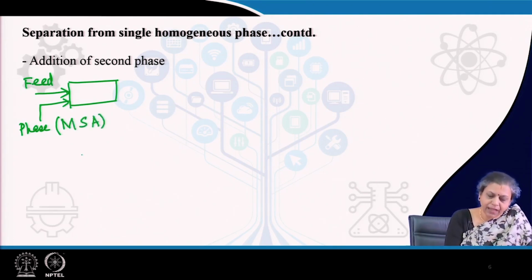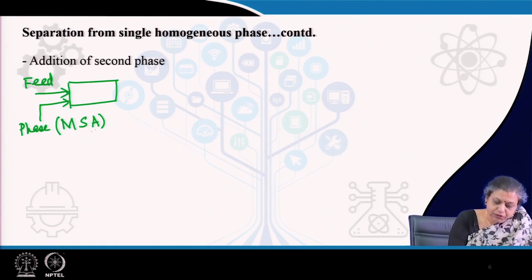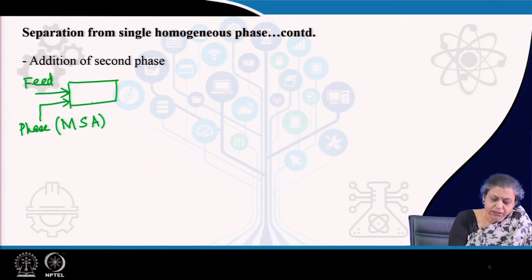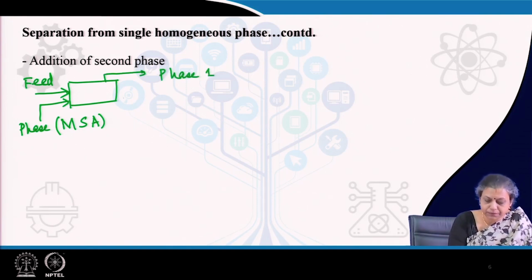We add it, and then what happens? This mass separating agent will have more affinity towards some components of the feed as compared to the other components. So, the feed and the mass separating agent are both introduced here, and they are allowed to be in intimate contact such that mass transfer occurs between them, and then finally the two phases are separated out.